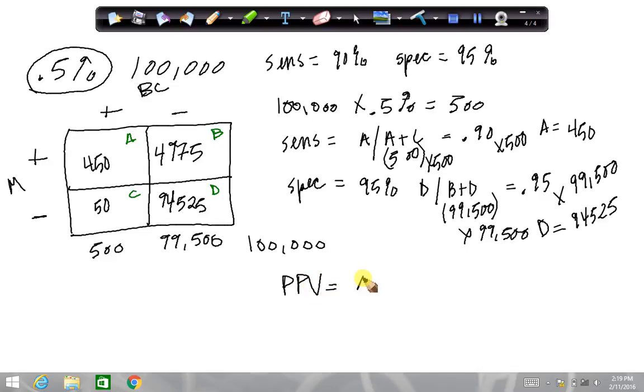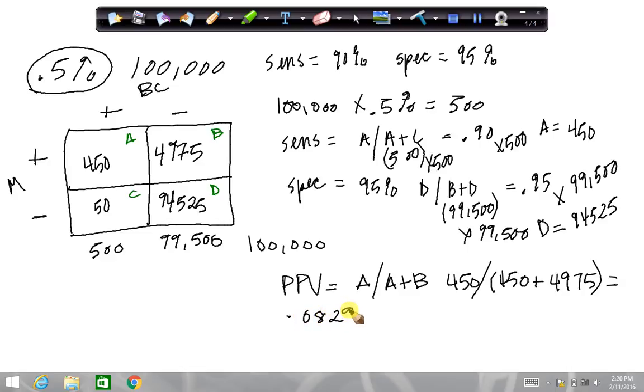And that formula is A over A plus B. So that's 450 divided by 450 plus 4,975, which equals 0.082949 and it goes on.